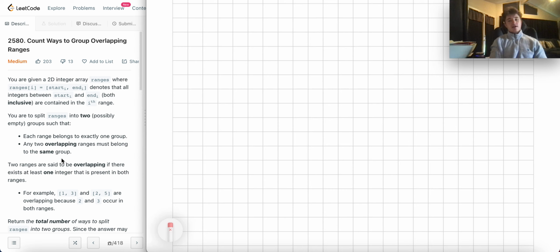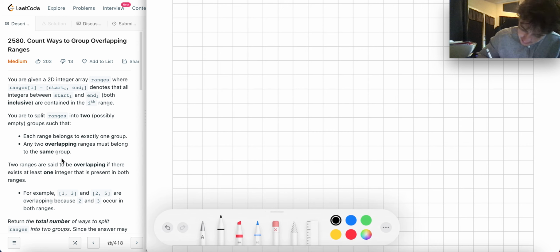That's a bit confusing, the language there, but the idea is that you're going to have two groups. Like how are we going to do this?